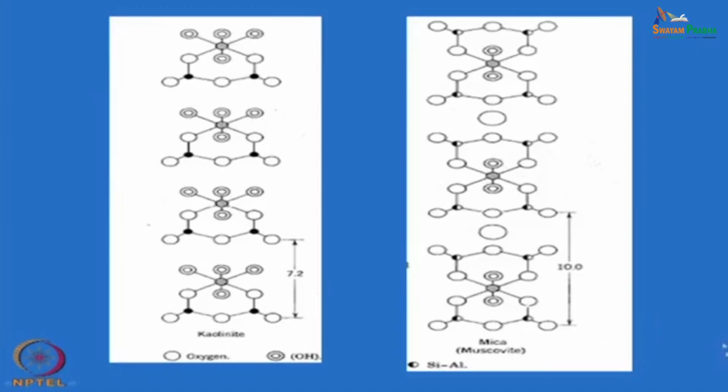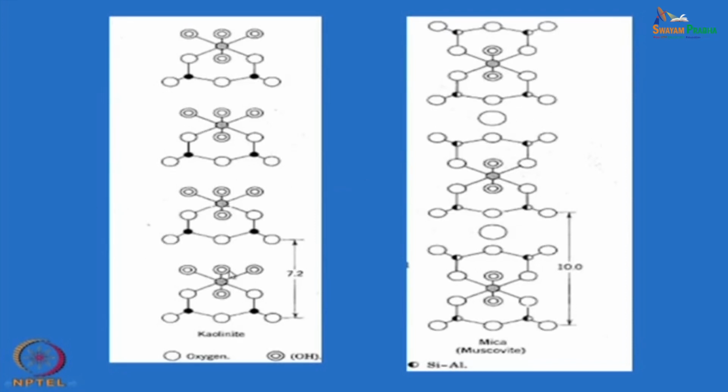So, you have a much larger unit cell, about 10 angstroms, and then that repeats. Here this unit repeats itself, whereas in the case of mica this total unit repeats itself. So, there are 3 layers. However, there are some unsatisfied bonds, and for that in between you have some large ions.